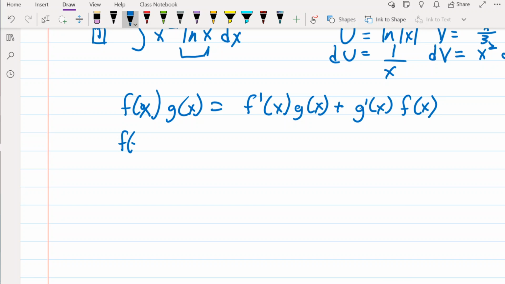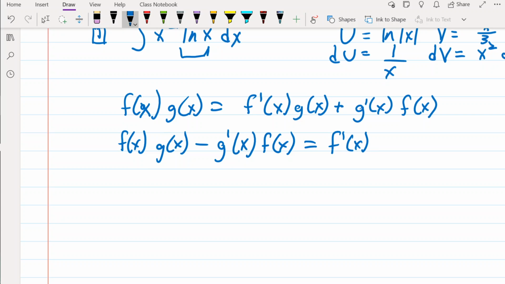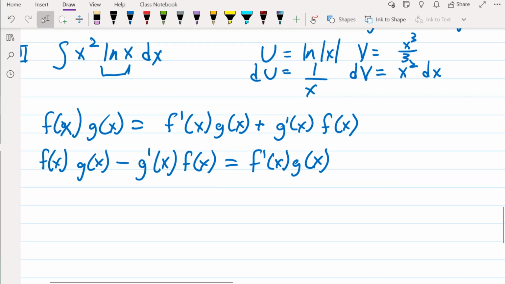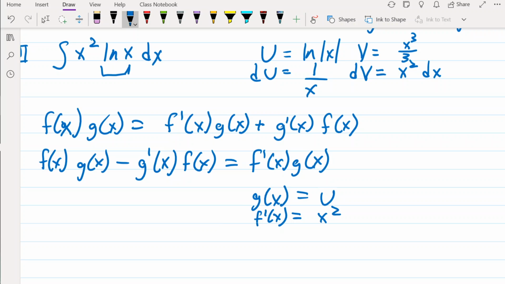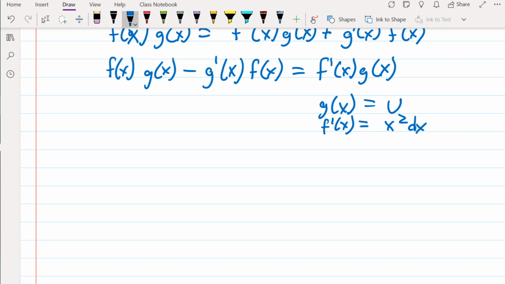So we'll have f of x g of x minus g prime of x f of x equal to f prime of x g of x. So in this case, our g of x is going to equal u, and our f prime of x is going to be equal to x squared dx, which is how we get the more simplified and neater way of writing it out.